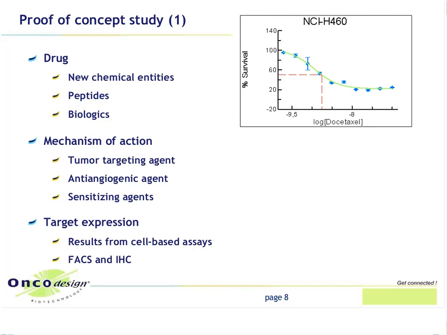Here is an example of the response of one tumor cell line to docetaxel, where we have a dose response of the cell line towards this drug. And then we have to consider this concentration of drug here, about 1 nanomolar, as very important to reach in vivo to observe the expected effect of the drug.